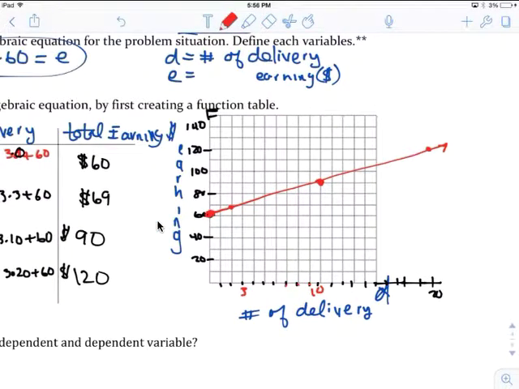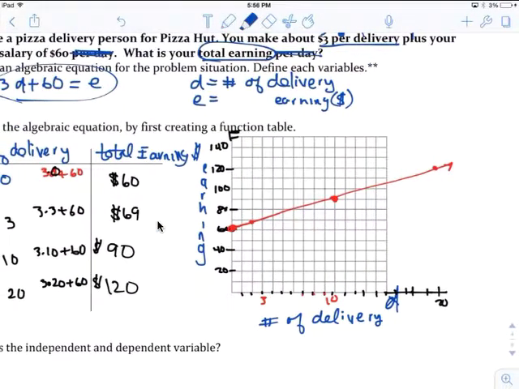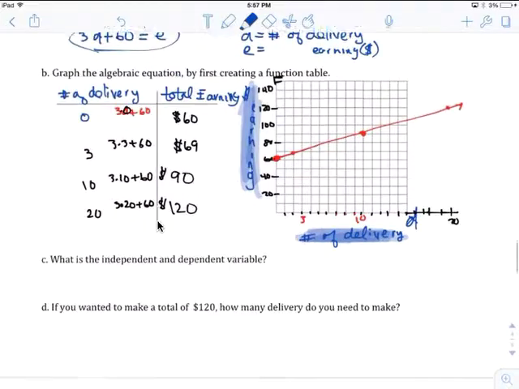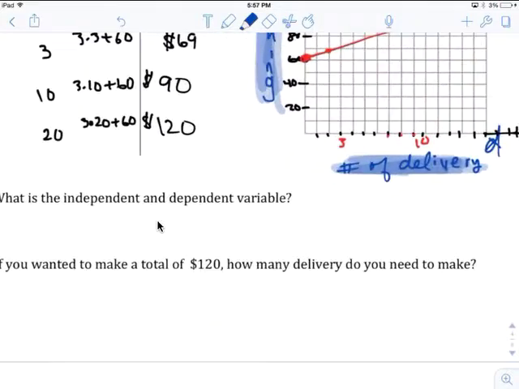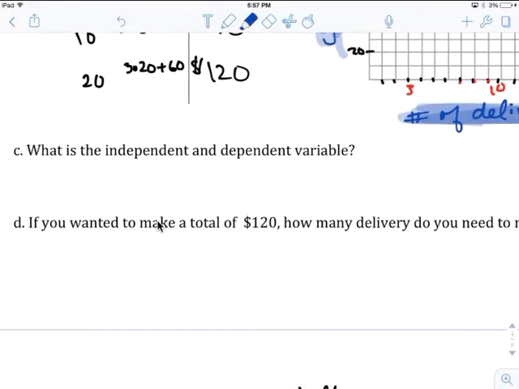That's it. So make sure you label your independent and dependent variables. These are called independent and dependent variables, so when they ask, you know what these are called. What is the independent and dependent variable?